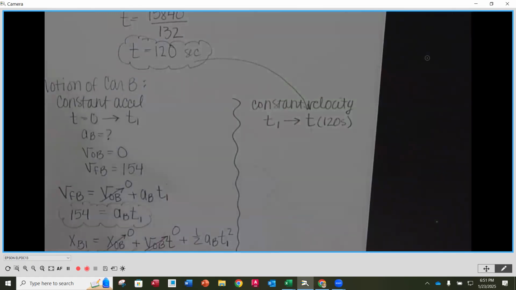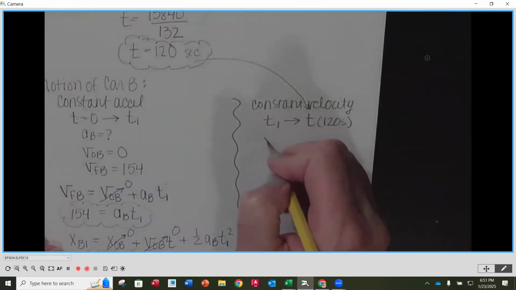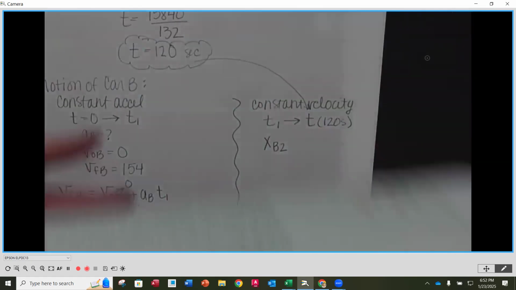Now we want to figure out the distance the car travels in this section. We can say that XB2 is this little distance right here.